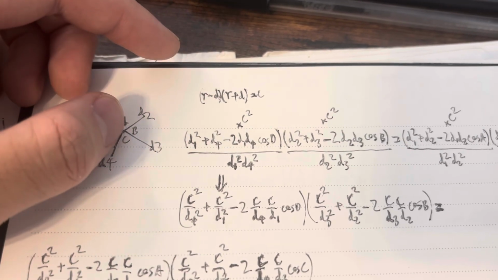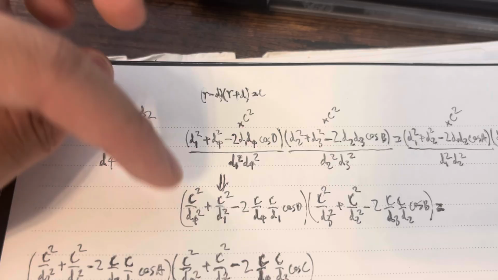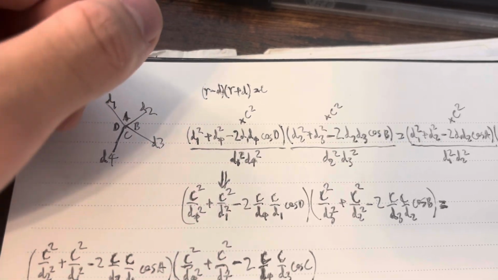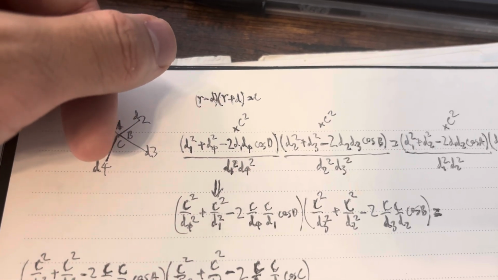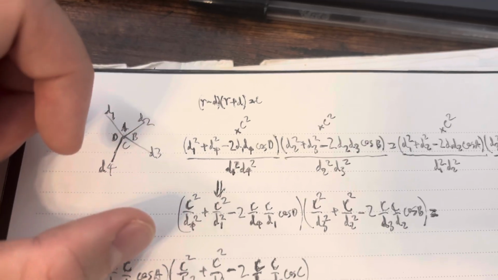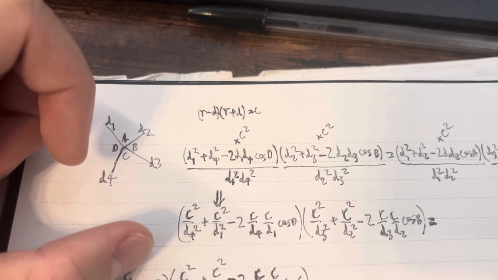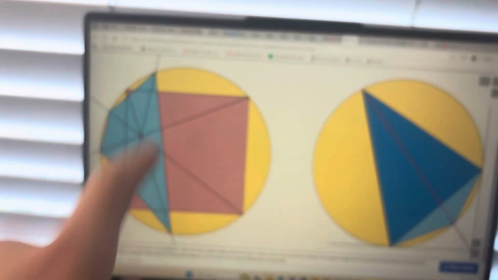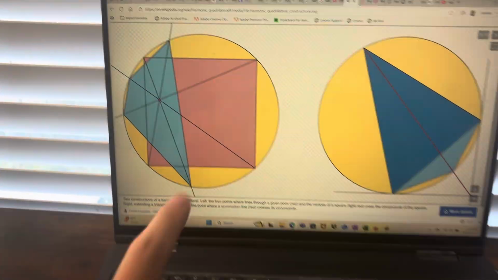And so those two invisible missing lengths that are not drawn will be the sides of a triangle that contains this right blue side.